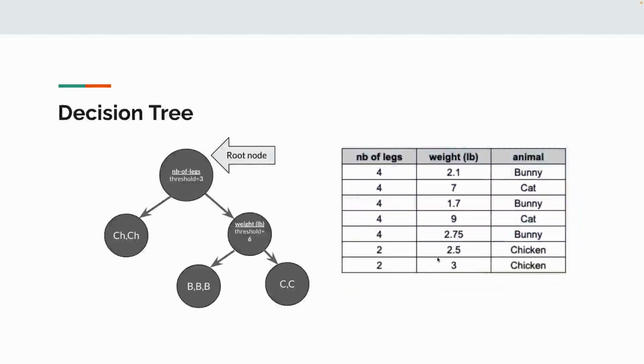Here we were looking at an example for a classification task, but let's say you were to predict not the animal label, but their height. So the animal height was your label column, and here we were looking at the labels at the leaf node.